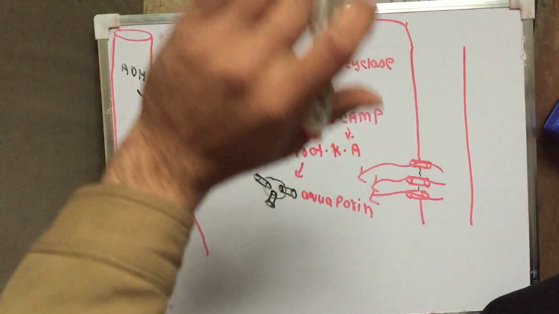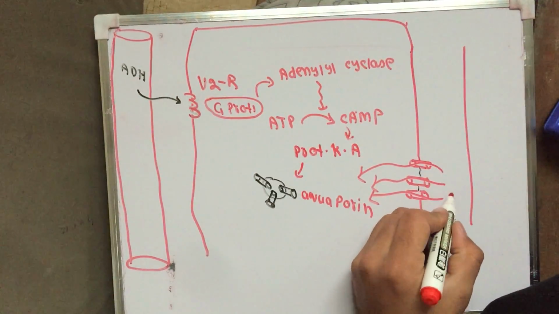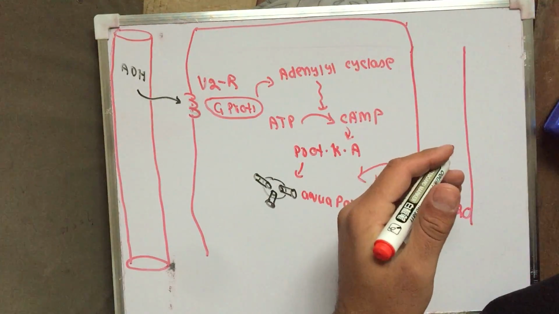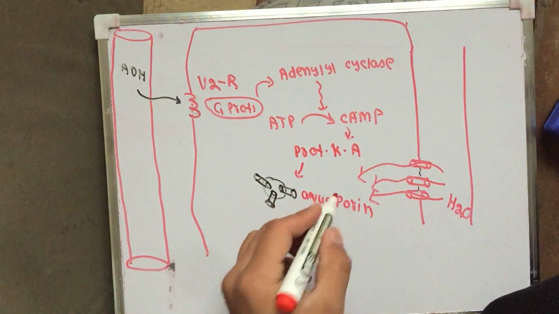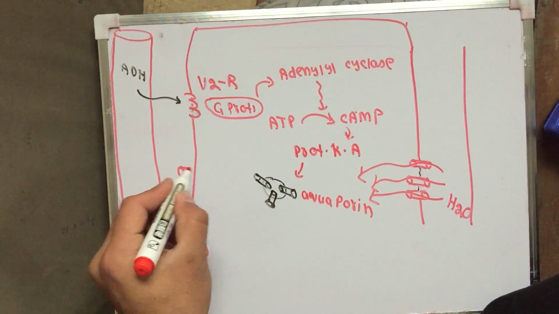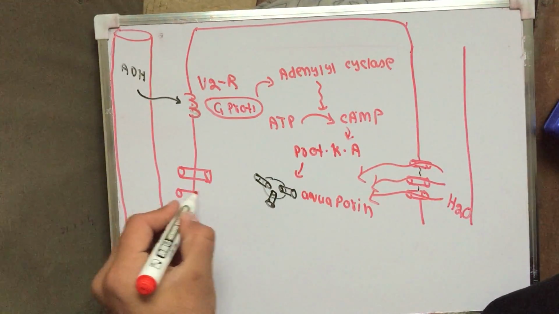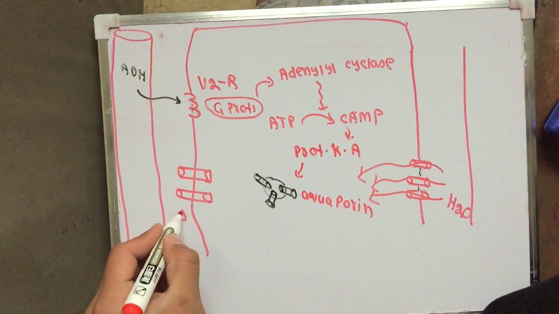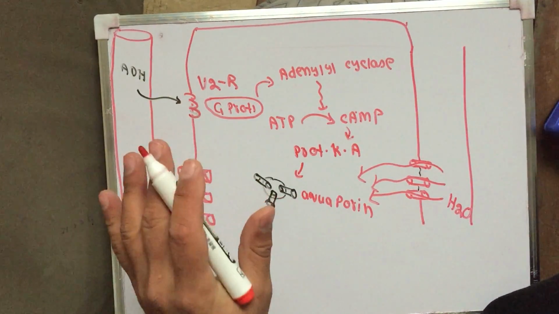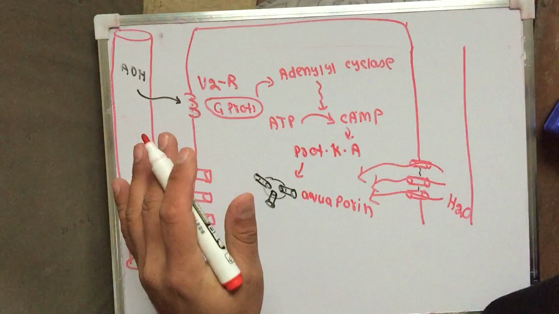Same case for all the cells. Water is going to start moving from the lumen of the collecting duct into these cells. These cells have, on this basal side also, pores which are open all the time. No need of antidiuretic hormone.